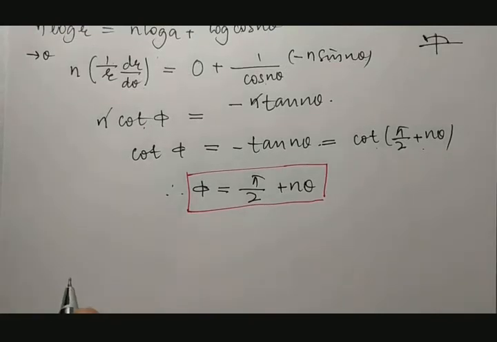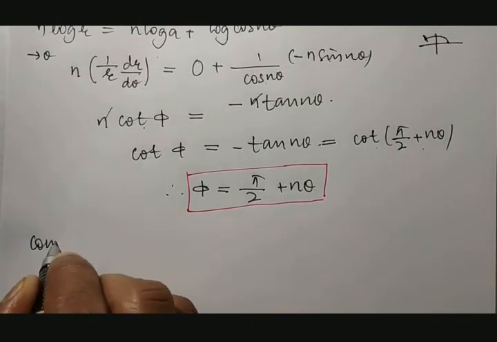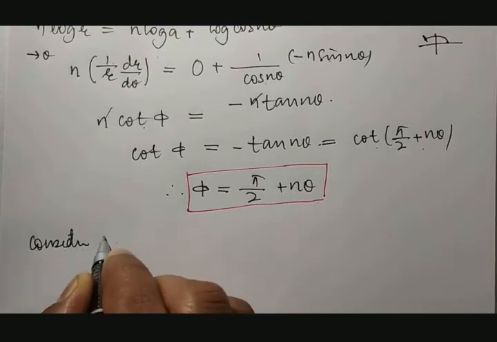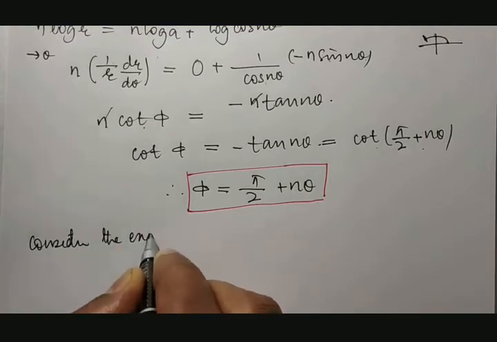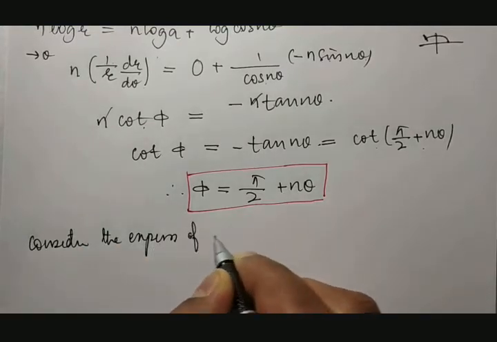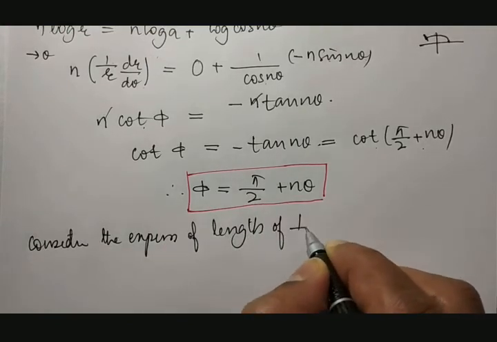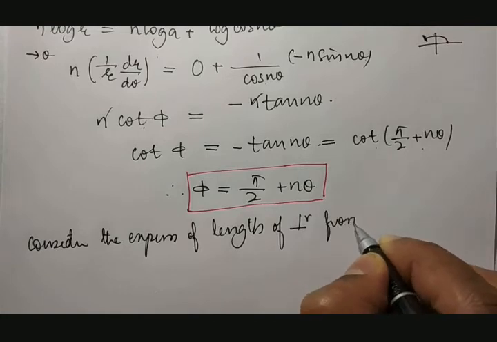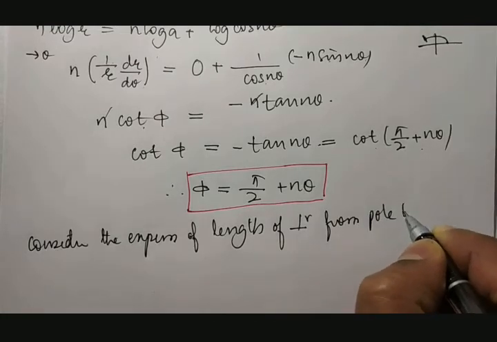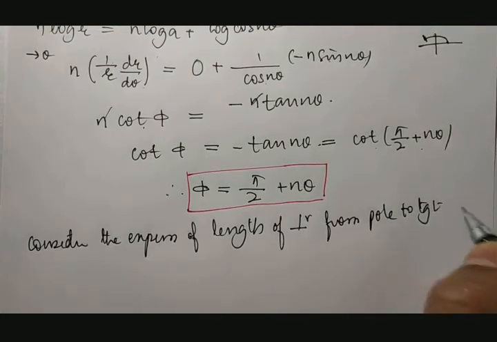Then what to do? Let us consider the expression of the length of the perpendicular from the pole to the tangent.